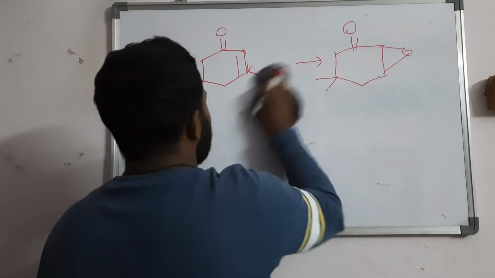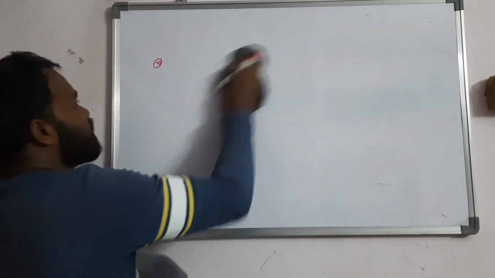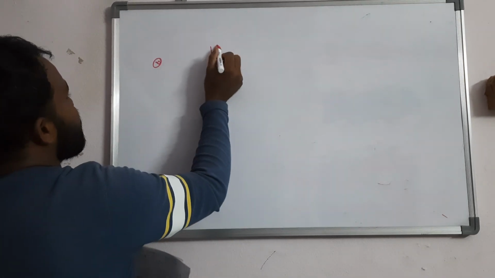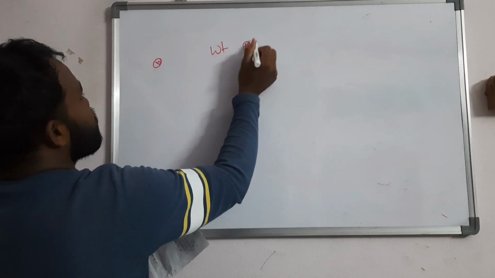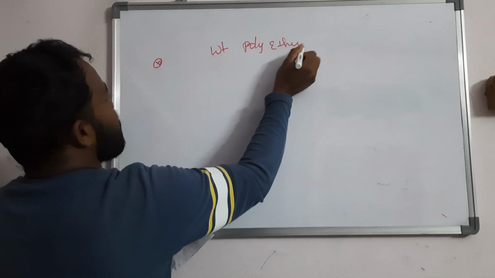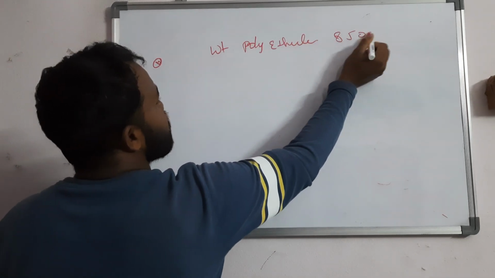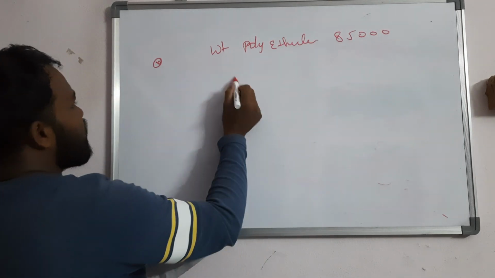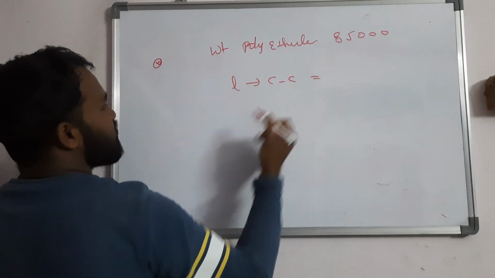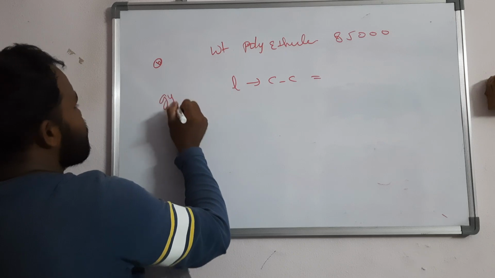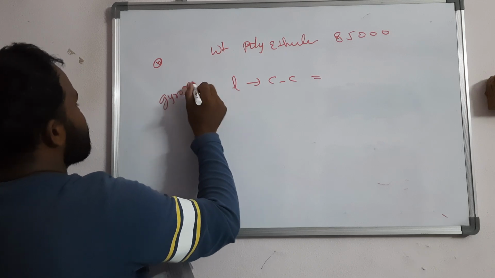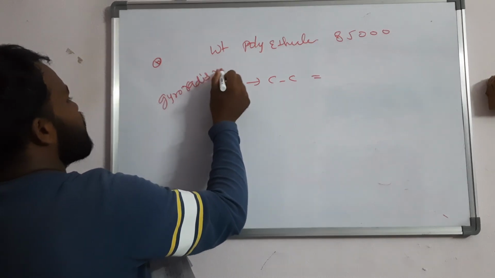Then the next question. I don't know the exact answer, but the question I remember is like this. The weight of the molecule polyethylene they gave, something like 8500, whatever it is, and the length of the CC bonds also they gave. They ask you to calculate the gyration radius ratio.